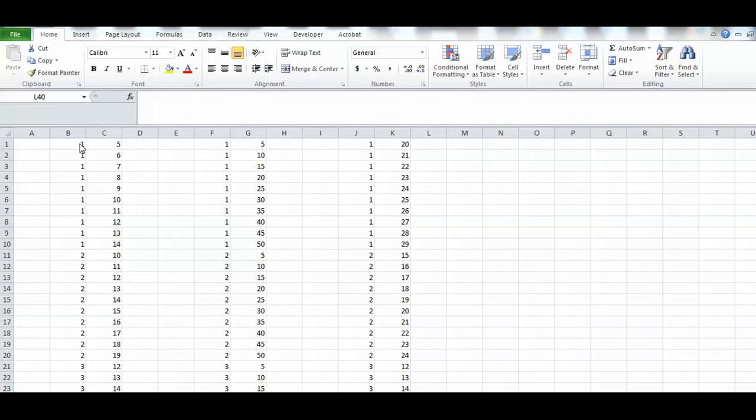The second person has 1 child and works 6 hours per week. If we move down, we can see that the 11th person has 2 children and works 10 hours per week, and the 12th person has 2 children and works 11 hours per week. So that's what each of these numbers stand for.